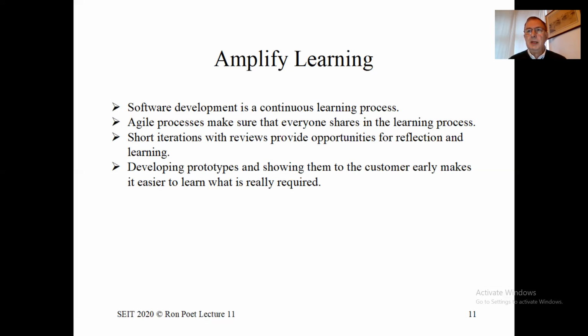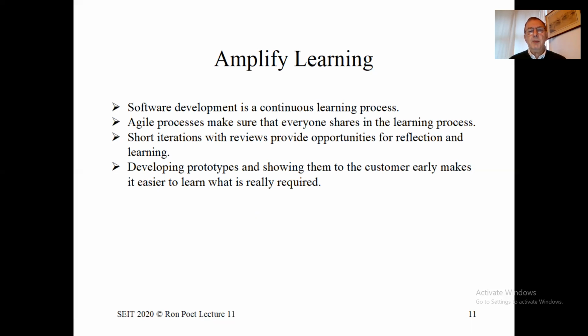So writing code is not sitting down for several months at a time working on a spec and then producing some final code. Typically you'll code for 2 weeks and finish a small segment of your problem, and then you have a review at the end of the 2 weeks and you reflect on what you've done, learning from it, and then you start the next 2-week cycle. So that is there to amplify learning.